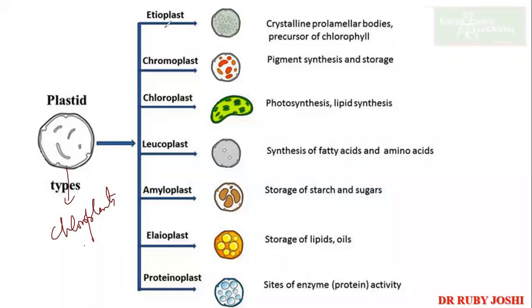For example, etioplast is there. This is for the crystalline prolamellar bodies, the precursor of chlorophyll. Chromoplast we just discussed, it is for the carotenoids. Chloroplast is for chlorophyll and photosynthesis. Leucoplast for the fatty acids. Amyloplast is for the starch. Elaioplast is for the lipids.